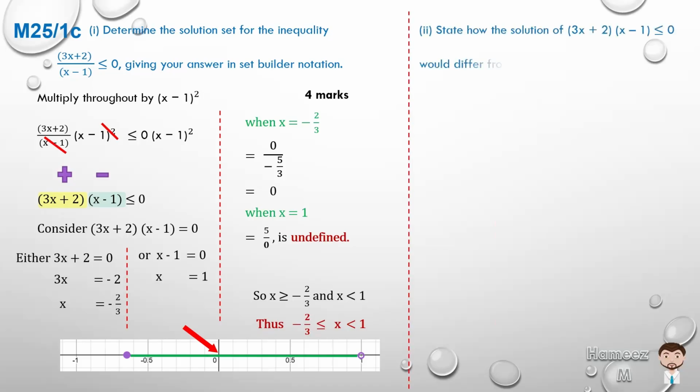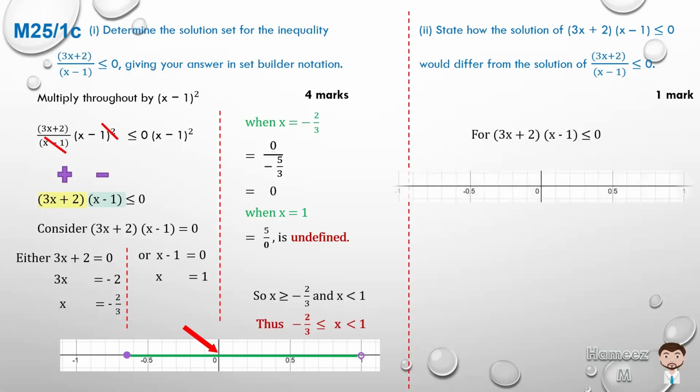Now part 2 says, state how the solution of 3x plus 2 times x minus 1 is less than or equal to 0 would differ from the quotient or the fraction. So we have already found for the algebraic fraction, it is inclusive of minus 2/3, but does not include 1, because at that point, 1 is undefined. So let's find for the other version, where there's a multiplication of 3x plus 2 by x minus 1.